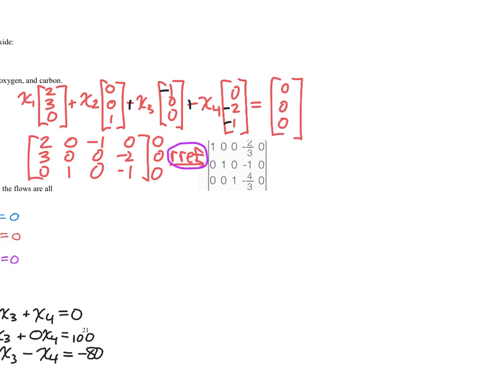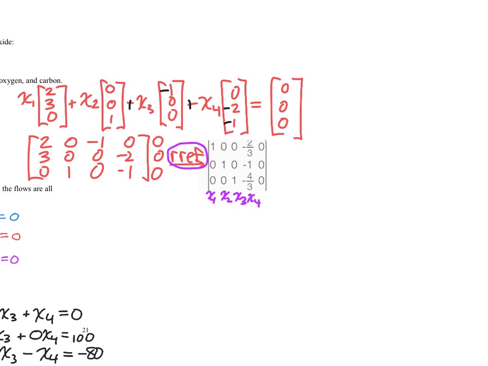Now I just got to come up with a solution out of all this. So we have x1, 2, 3, 4, and then we have our column of zeros.